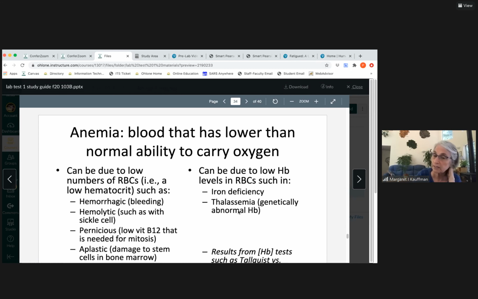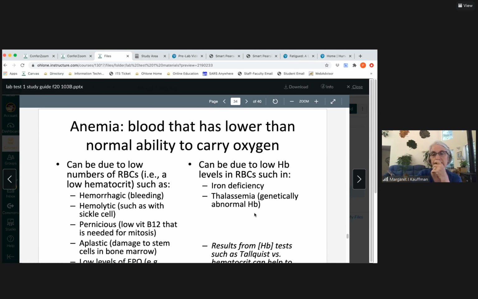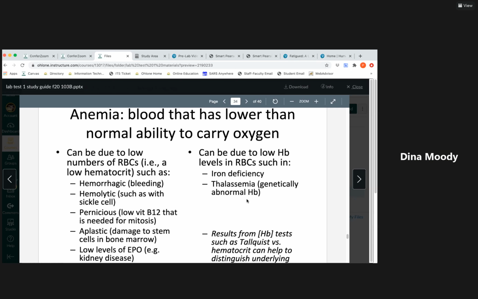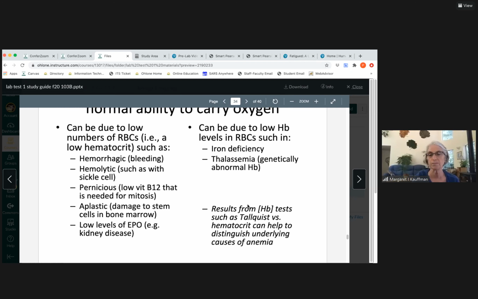There are other genetic conditions like thalassemia, where your hemoglobin is abnormal. And so it's possible that you could have a normal hematocrit, but the red blood cells are carrying too little hemoglobin. There are two tests for this in your lab manual.